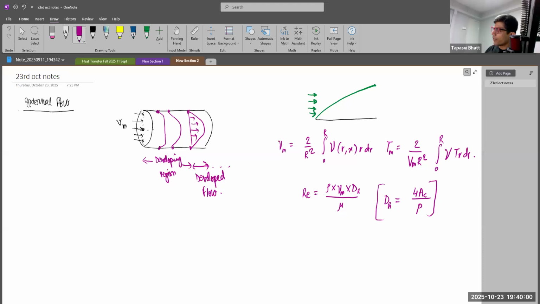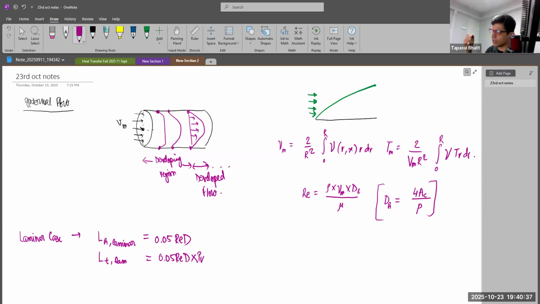so now if we have a laminar case, we will have the hydraulic length LH for a laminar system as 0.05 times Re times D. And the thermal entry length for the laminar system is 0.05 times Re times D times Prandtl number.